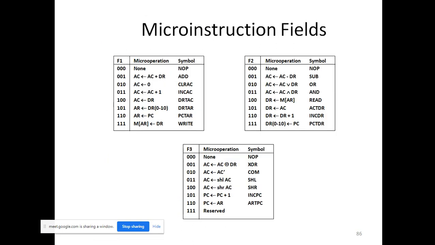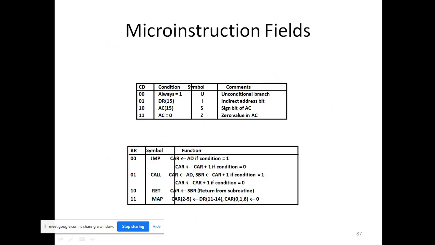And next one is branch. These are the instructions, that may be a call instruction, a mapping call, or a jump instruction, like that. Here also it has 2 bits.